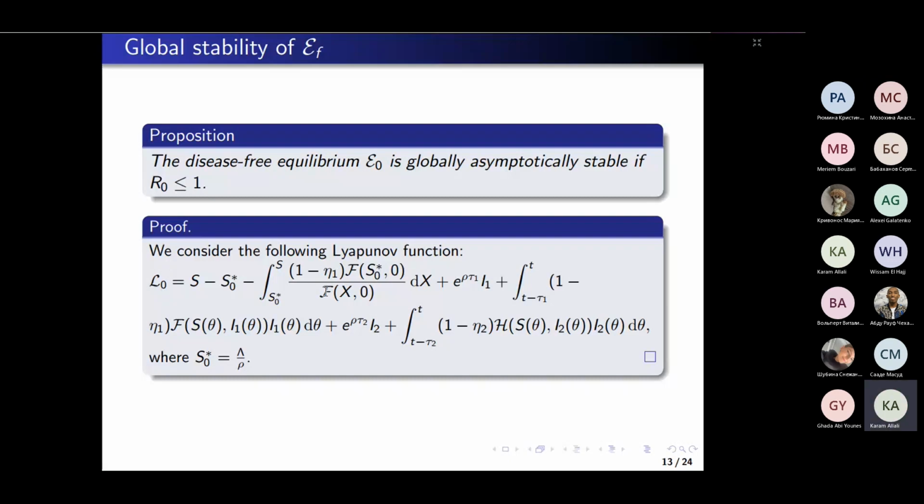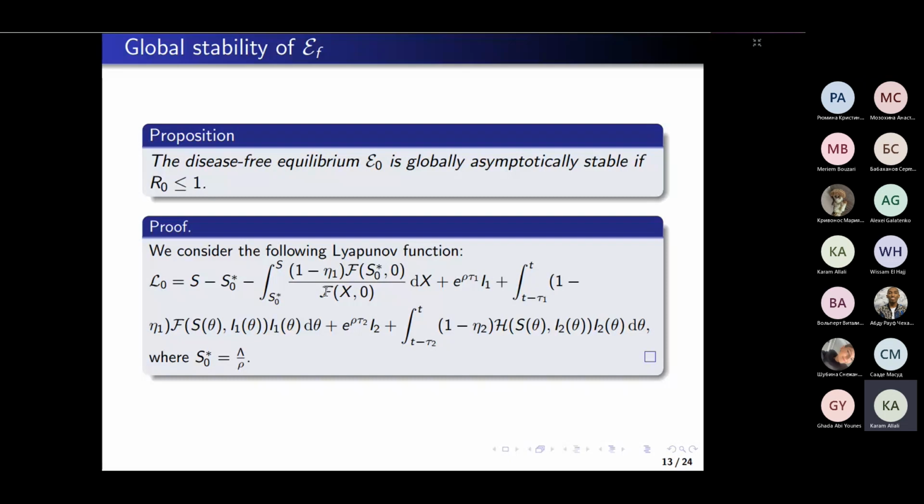The Lyapunov function is like energy. When the energy is decreasing, it is like a ball: if the energy is decreasing, the ball will go to the steady state.